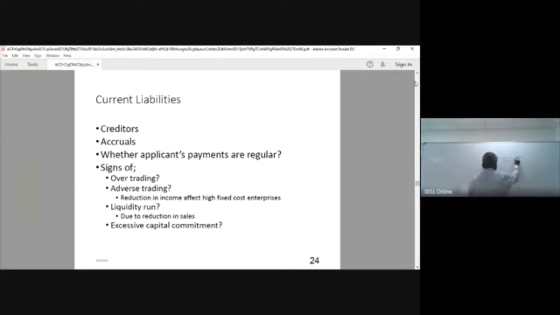Capital investment on assets, so that is capital assets, or we can call it fixed assets. Capital investment, or fixed investment, investment on fixed assets.